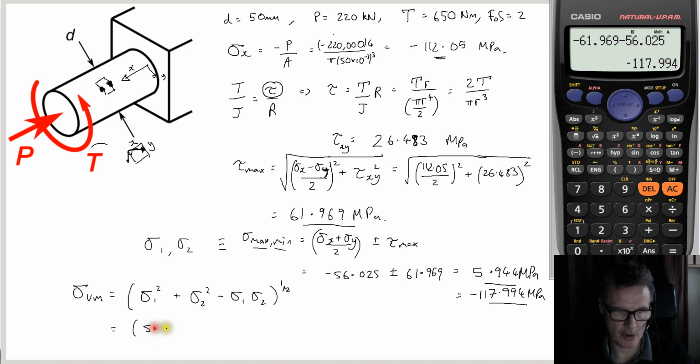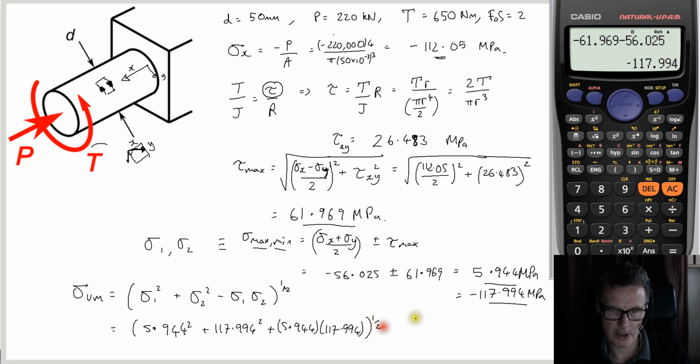Stress 1 is the most positive here. I can ignore the minus sign. Here we're going to have minus minus, so be careful, that becomes a plus. And we're going to take the square root of that.